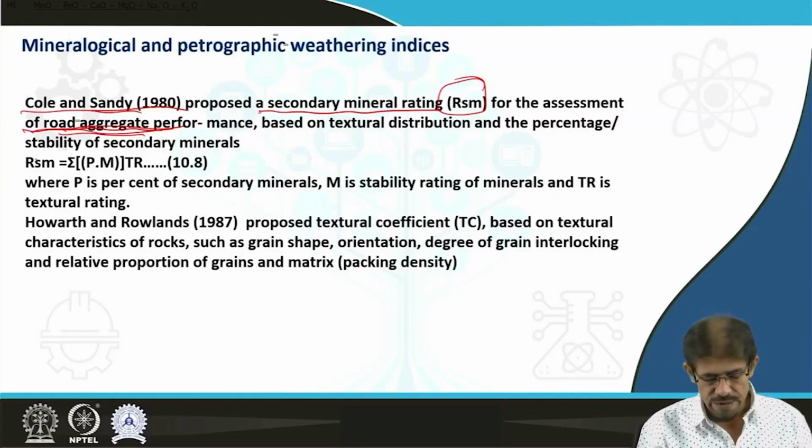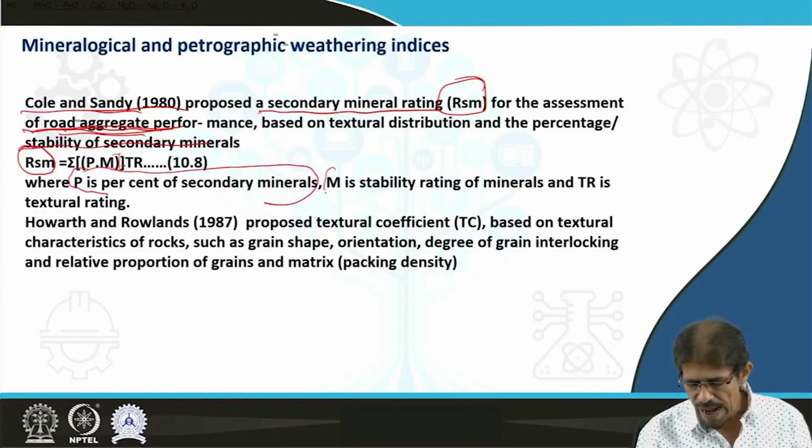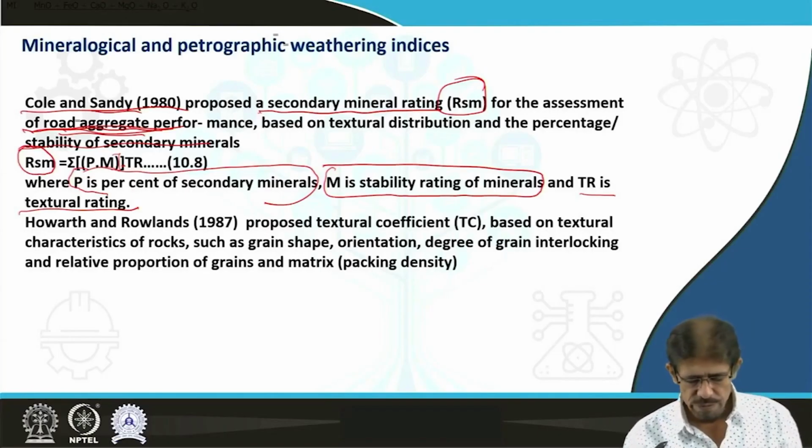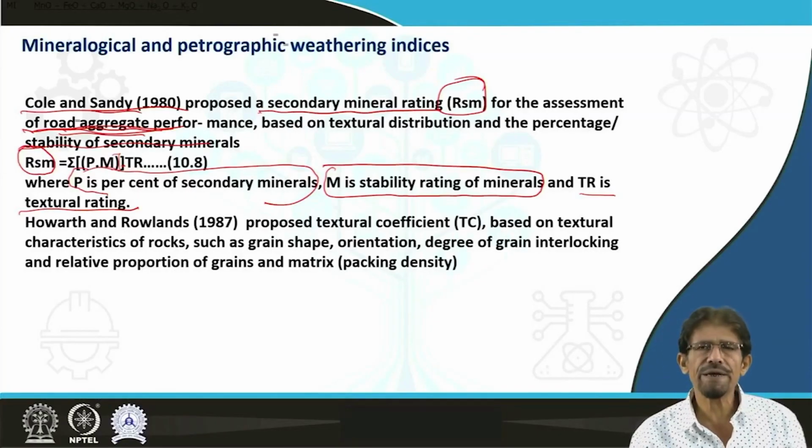Based on the stability of the secondary mineral, he proposed RSM is a summation of P into M, and this whole divided by TR, where P is the percentage of secondary mineral, M is the stability rating of minerals, and TR is a textural rating. His approach was purely based on the concept of a rating system or providing some weightage.